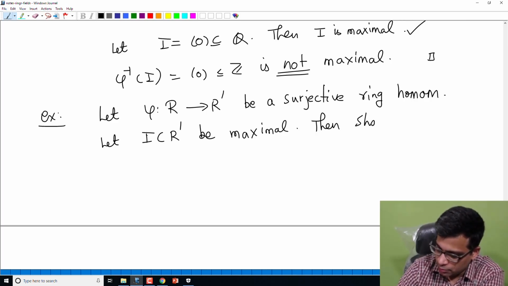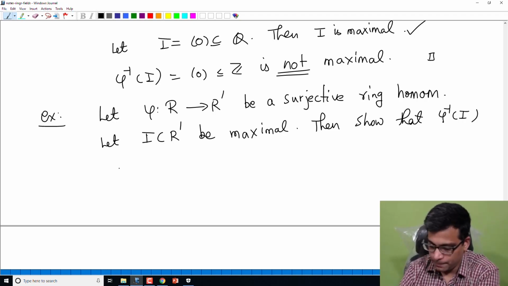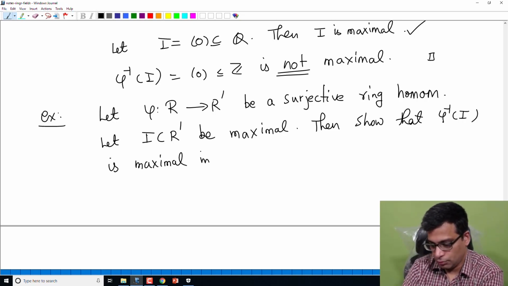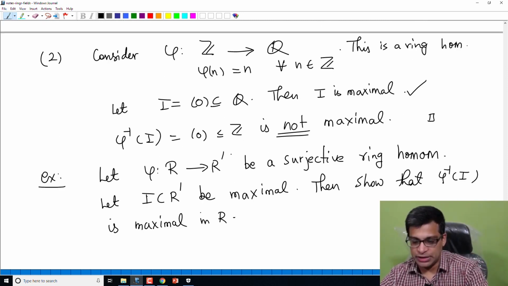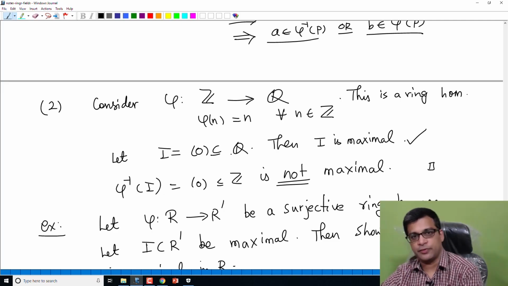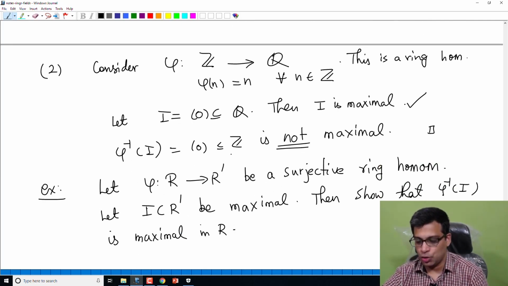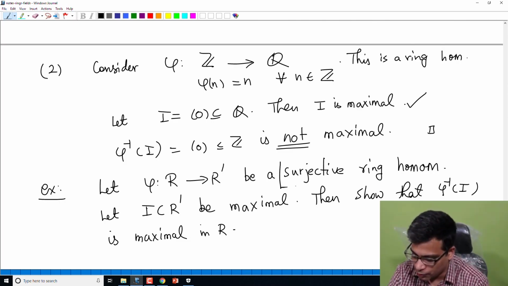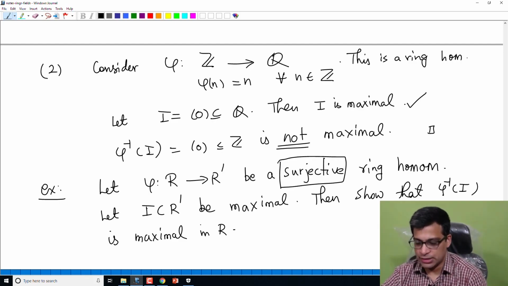Then show that phi inverse I is maximal in R. So the idea is, the statement I just disproved in general, that inverse image of a maximal ideal is not in general a maximal ideal, in fact becomes true if you add a condition that the ring homomorphism is surjective. Okay, that's important. If that happens, it's true.